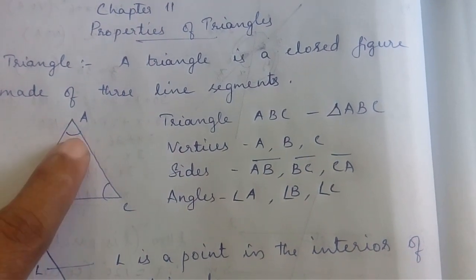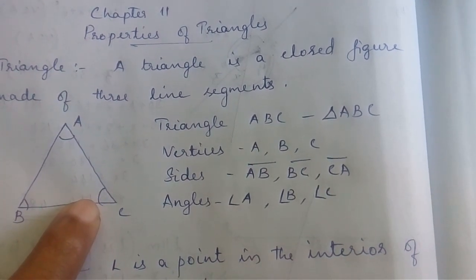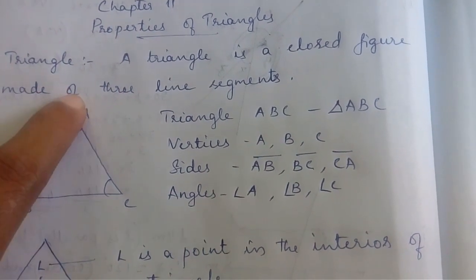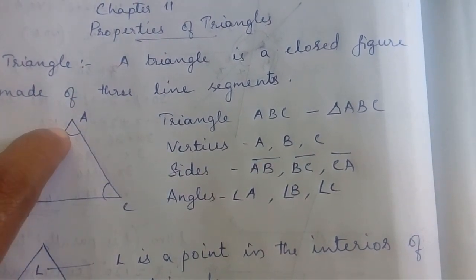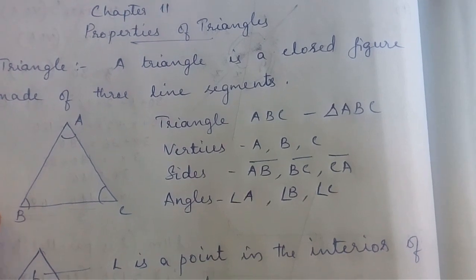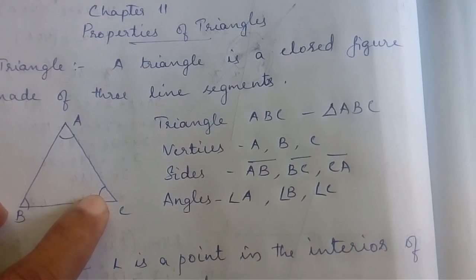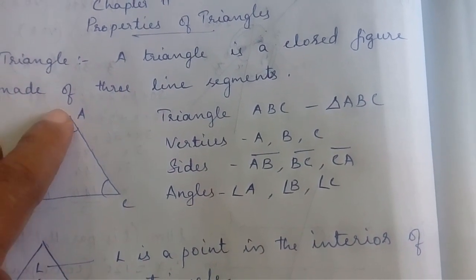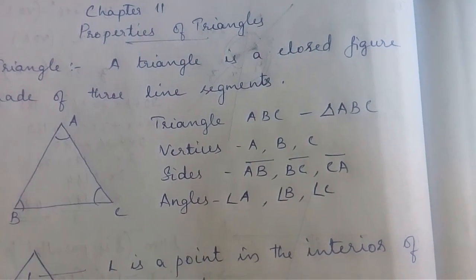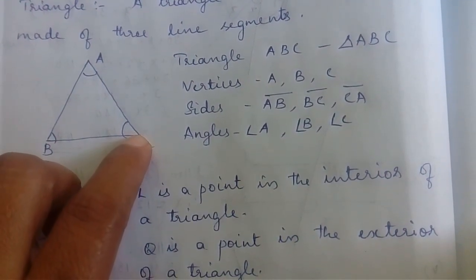Then three angles are also there, that is angle A, angle B and angle C. Or you can write the name like this, angle BAC to denote this angle A, angle ABC to denote angle B, and angle BCA or angle ACB for denoting angle C. Here simply we are writing angle A, angle B and angle C. There are no other angles forming, or these vertices are not common to any other angle.